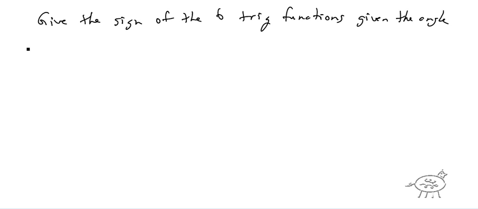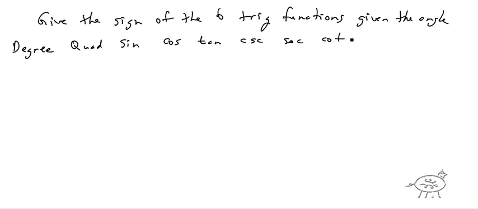I'm going to have degree, the quadrant that we're talking about, and then I'm going to ask you where sine is, cosine, tangent, cosecant, secant, and cotangent.